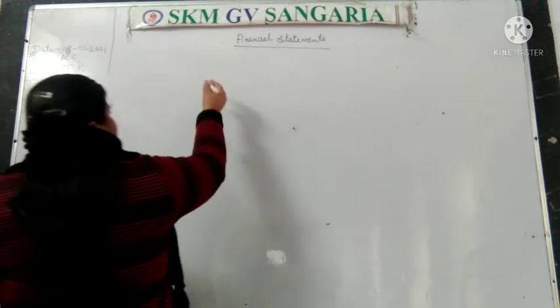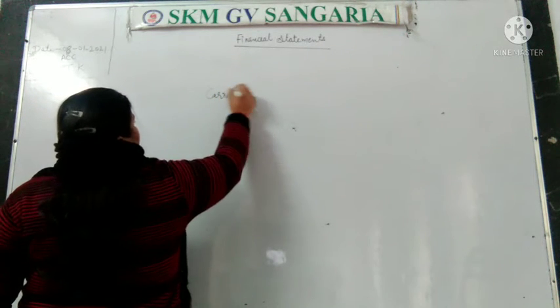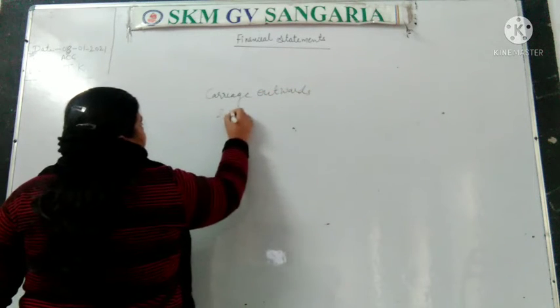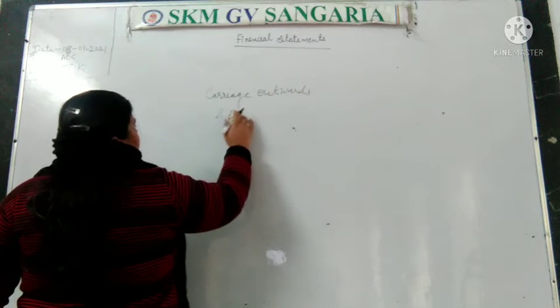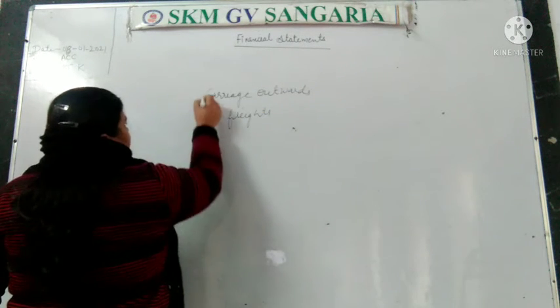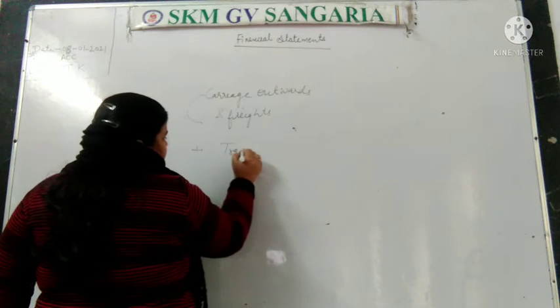Third term is carriage outward and freight, plus trade expenses.